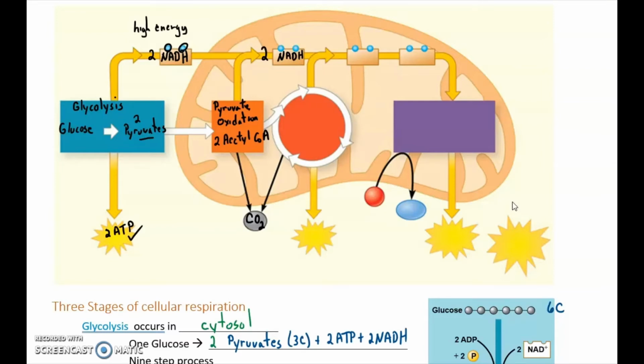The end result of pyruvate oxidation is that we've made 2 acetyl-CoAs. And they're going to join the citric acid cycle, also known as the Krebs cycle. I may slip occasionally and call it the Krebs cycle, but citric acid cycle does just as well. And the citric acid cycle is indeed a cycle, as we'll see in just a minute.